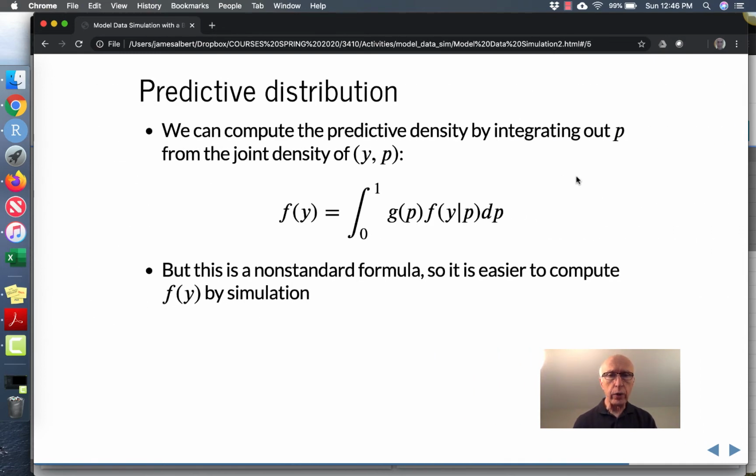Now, let's suppose we're interested in predicting the number of football lovers in a future sample of 20. We can compute the predictive density by taking the joint density and integrating out p, but it turns out that that gives us a relatively awkward formula, so it's easier to compute the predictive density by simulation.